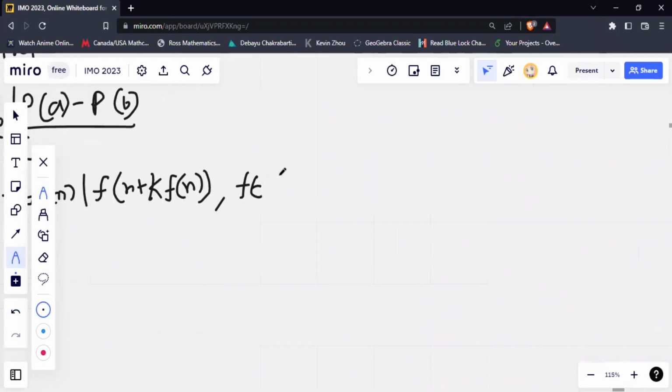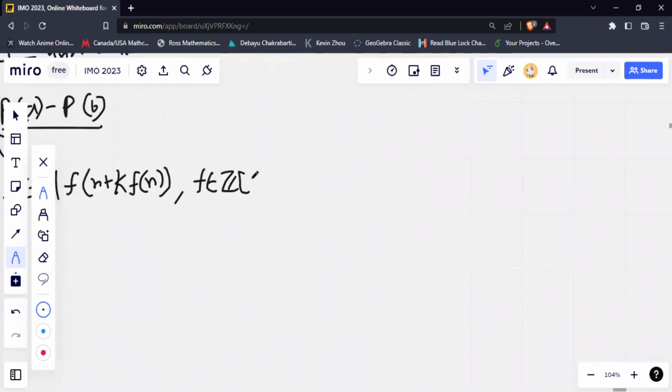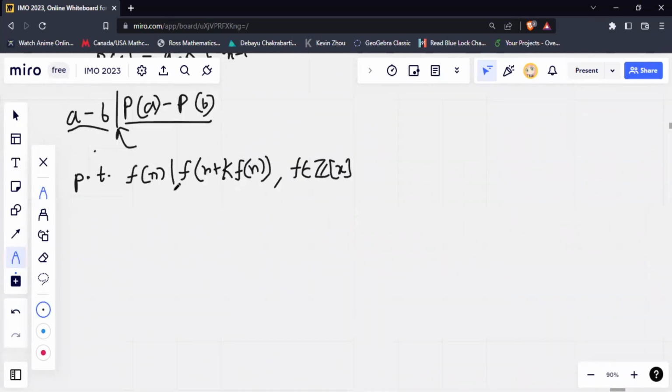When I say f is an integer polynomial, I mean that it has integer coefficients. So how do you prove this?